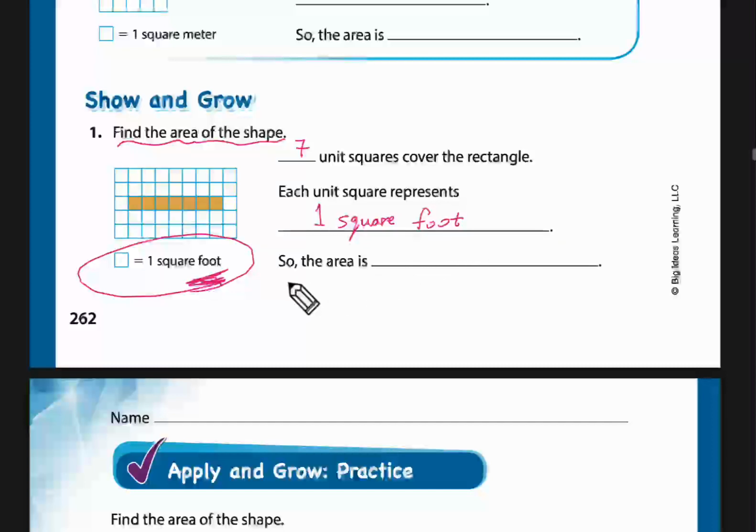And now the area is... Teacher, what is the one square foot? Yes, foot, right? It's this one.